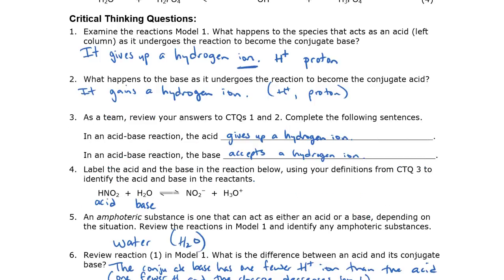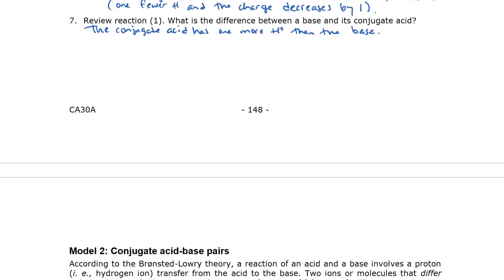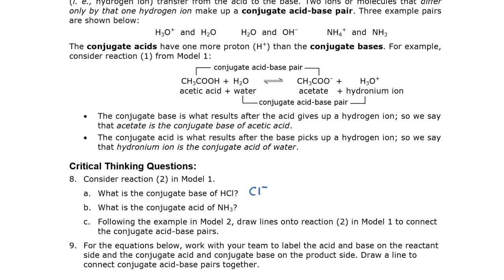When I look at the reaction, there's my acid, there's my conjugate base, one H+ less than this, so Cl-. Part B, what is the conjugate acid of NH3? Pause now. Again, I could do this without looking.